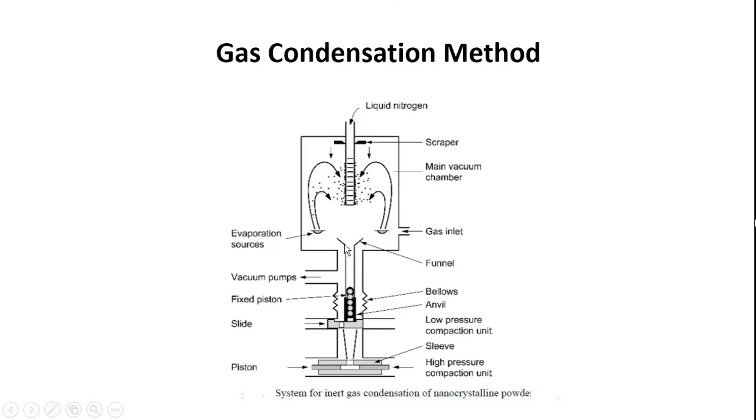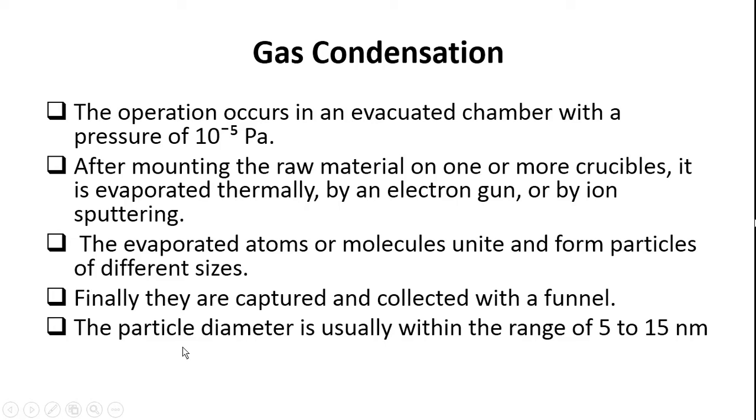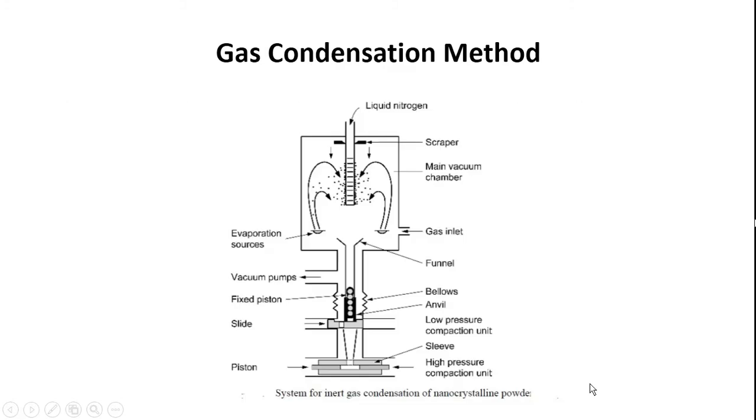Now, the particle diameter is usually within the range of 5 to 15 nanometer. So the particle size which is condensed here is in the size of 5 to 15 nanometer, well within the range of a nanomaterial particle or nanoparticle. Okay, so that is a nanoparticle.